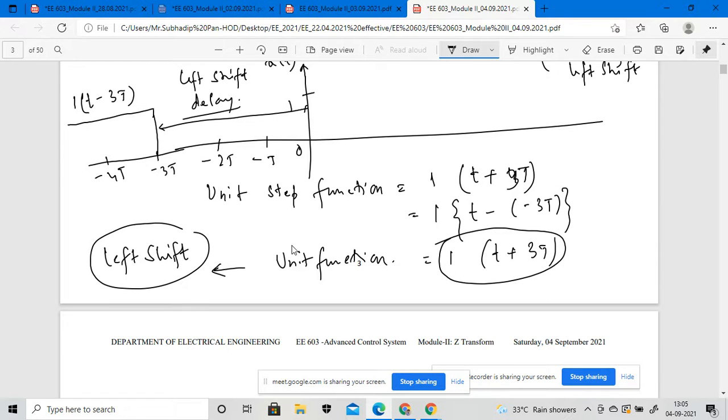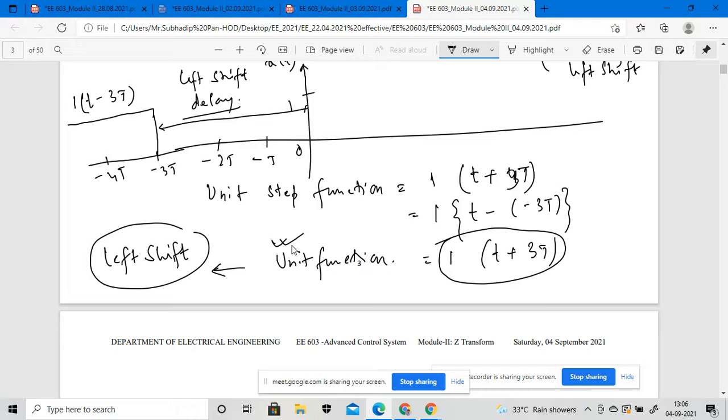Okay, this is actually called the shifting theorem of any particular function. I give you one example of a unit step function. The shifting theorem is valid for all the functions I already discussed: unit step function, unit ramp function, polynomial functions, as well as the exponential function and the sinusoidal function.